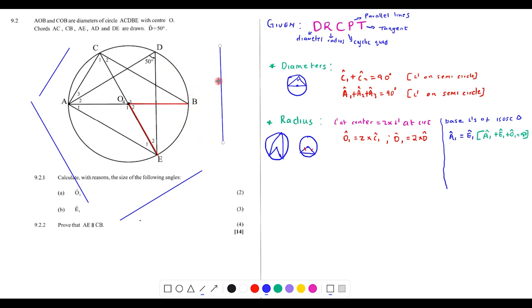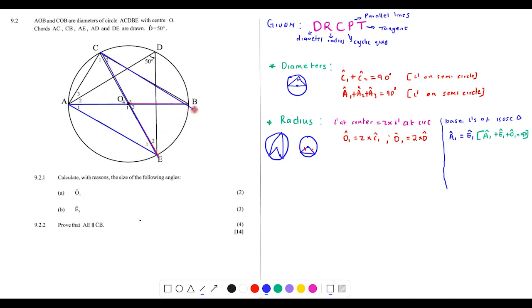All right, and then now I need to find an angle at the circumference. I see one here. As long as it touches from E and B, then that's going to be the angle at circumference, right? As you see here, they touch into the circle like that.